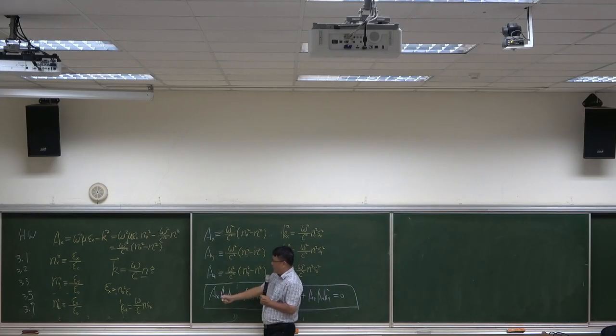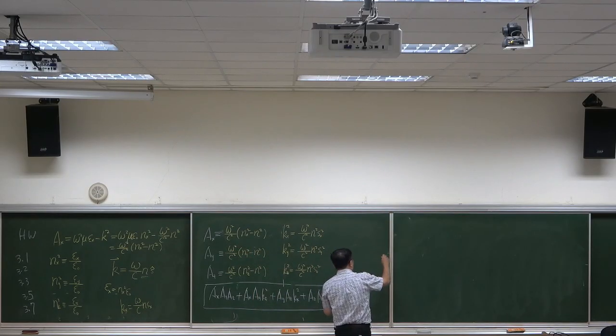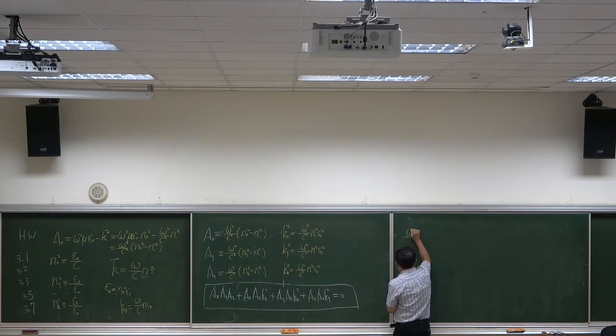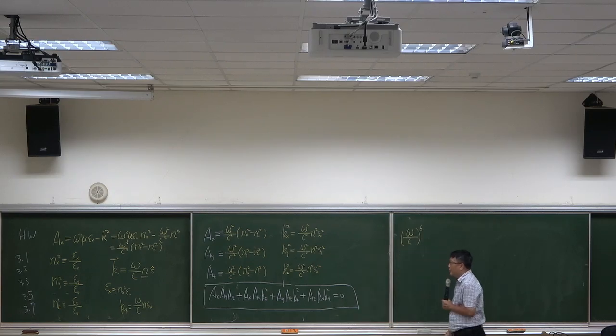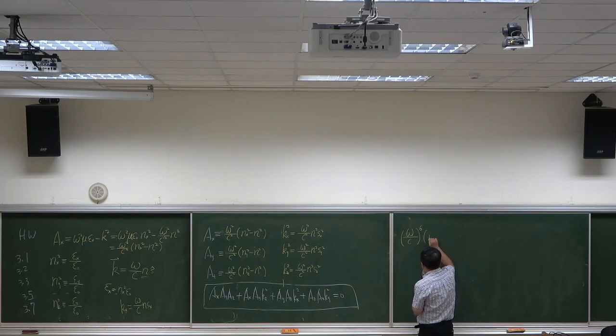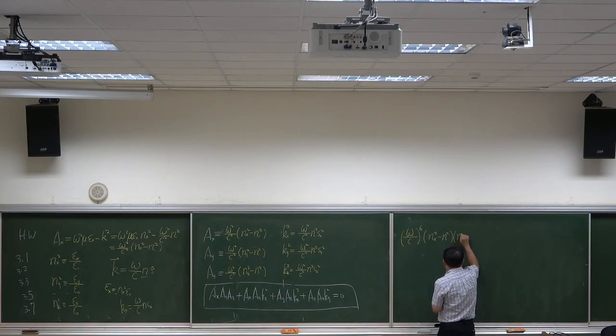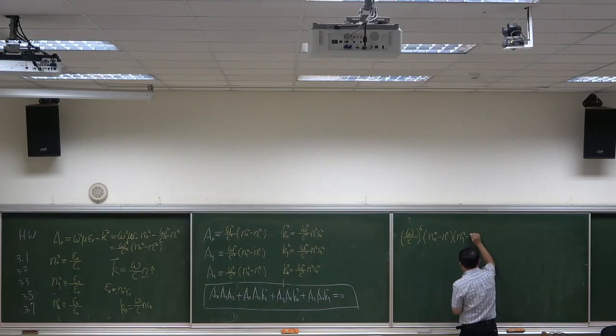So finally, we have this. Here we have 3 terms. So we have the factor omega over c to the 6th power times nx squared minus n squared, ny squared minus n squared, and nz squared minus n squared.